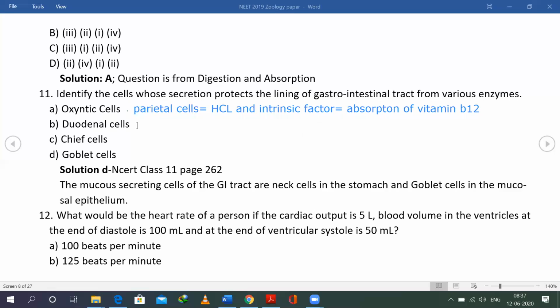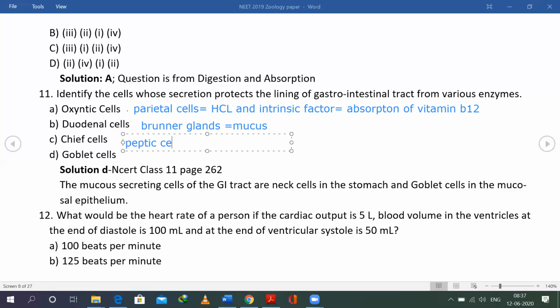What about duodenal cells? The cells present in the duodenum are actually Brunner's glands, which are present in the submucosa of the duodenum and secrete mucus. We are not concerned about these cells now. Chief cells are the peptic cells.